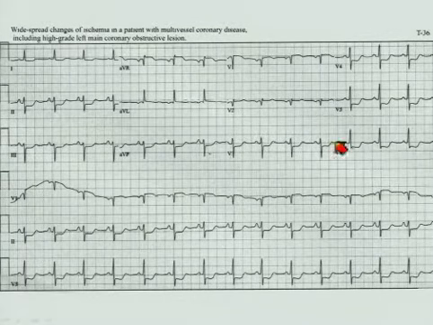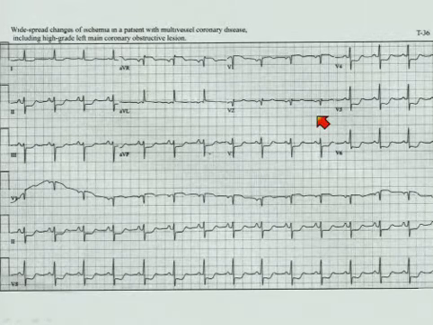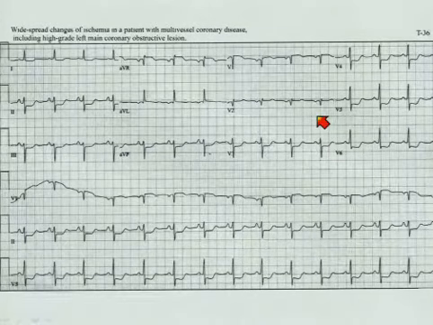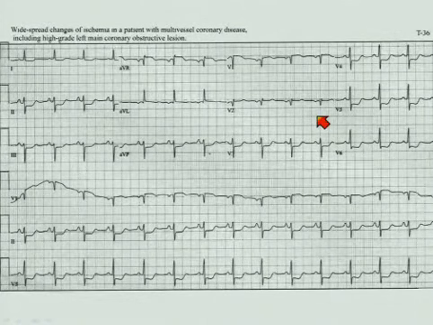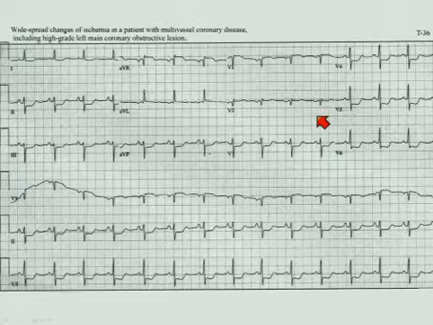And this is a pattern that has been demonstrated, and experience has clearly shown as correct, to be associated with multivessel advanced coronary disease or left main coronary lesion. So diffuse, marked ST depression with elevation in AVR, very high risk electrocardiogram in a patient having acute coronary syndrome.